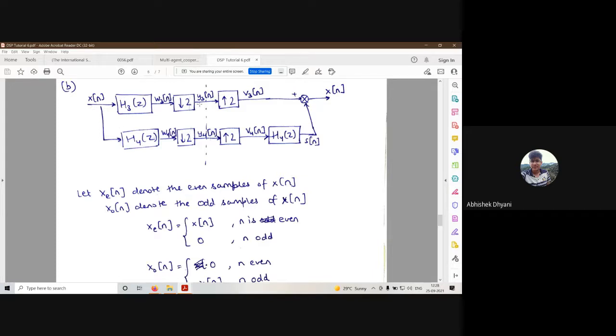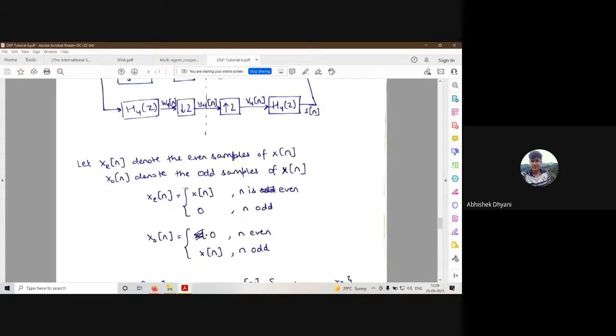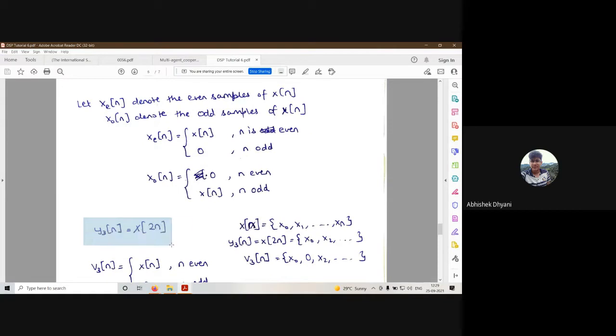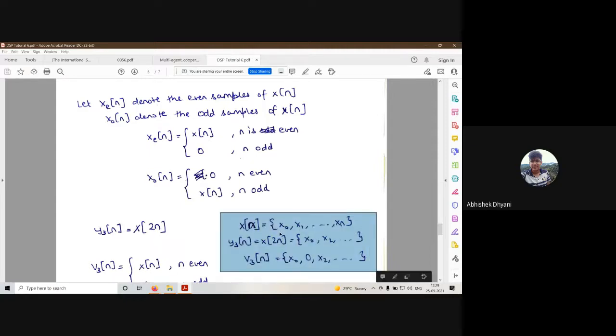So y3n is x of 2n. We can look at it like this: if x of n was this sequence of x0, x1, and so on, then y3n, which is x of 2n, is every alternate value in that sequence.